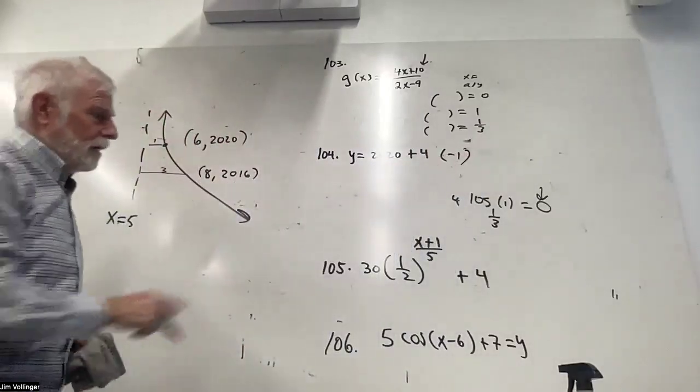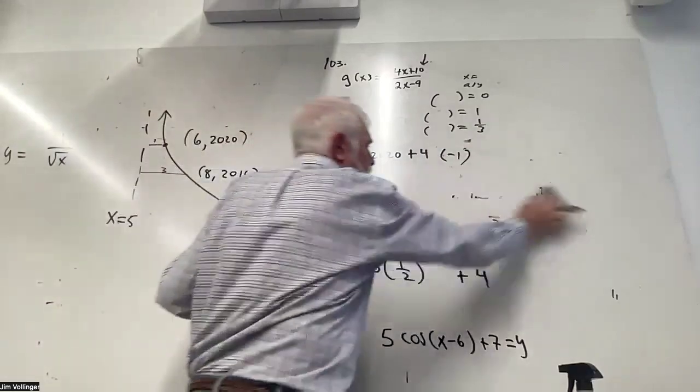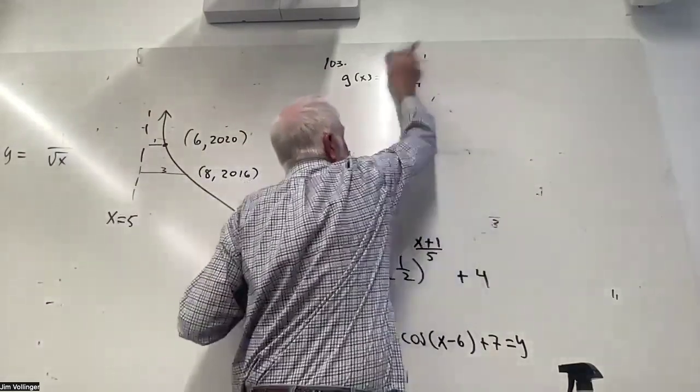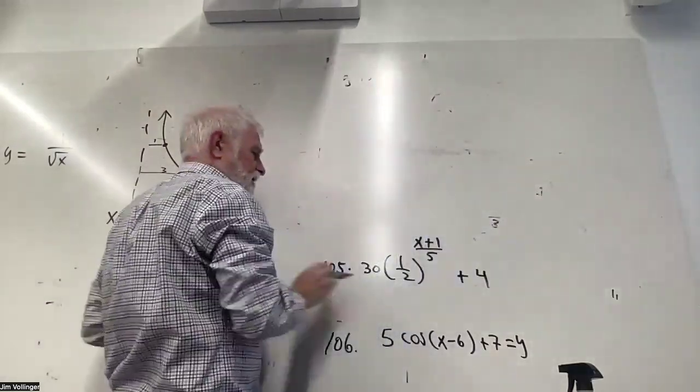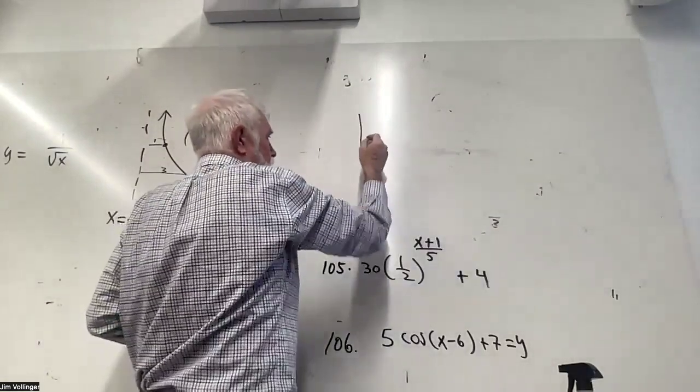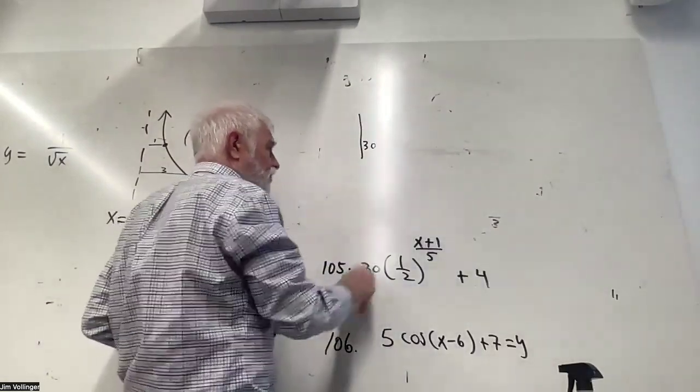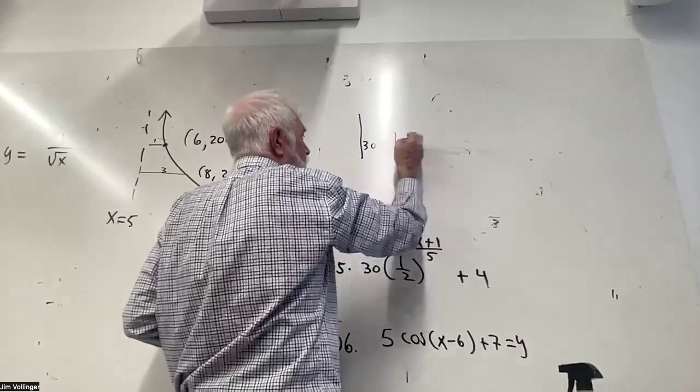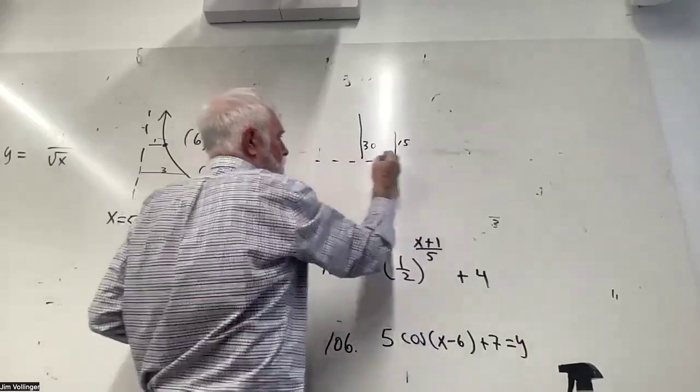Done. Exponential function, I can do it here now. All right, we've got asymptotes of 30. We've got differentials of 30 and 15. We've got an asymptote of 4.